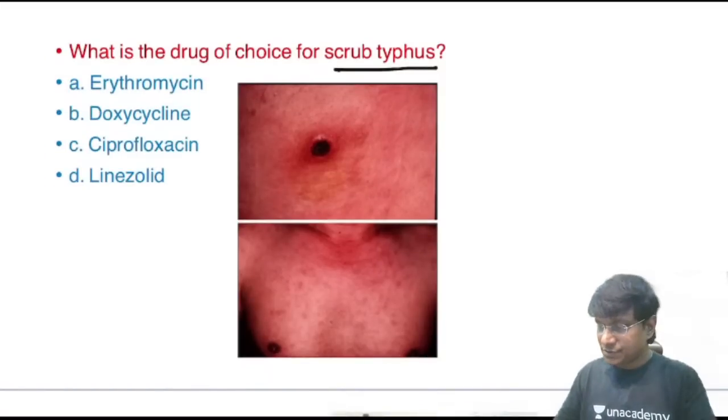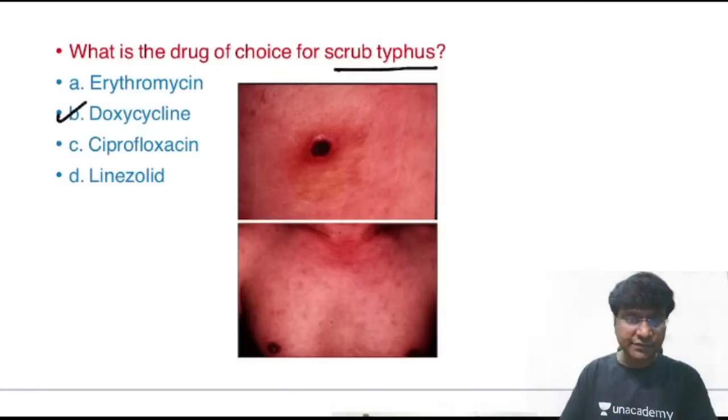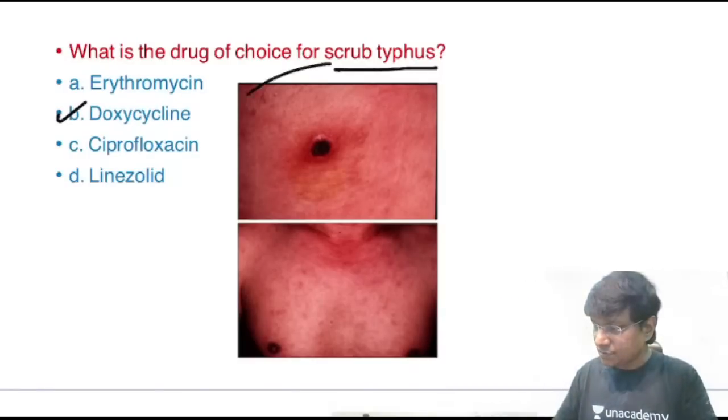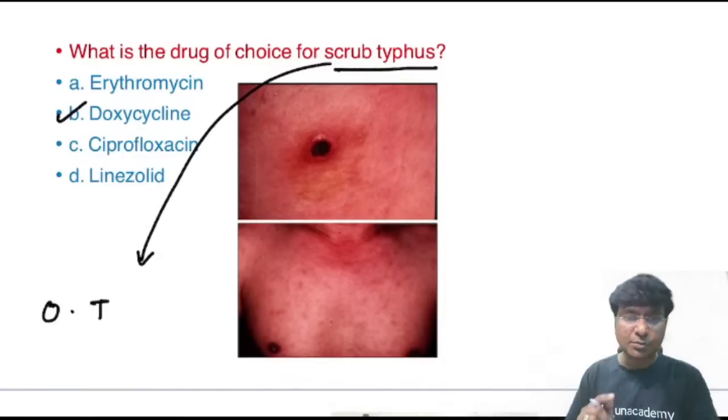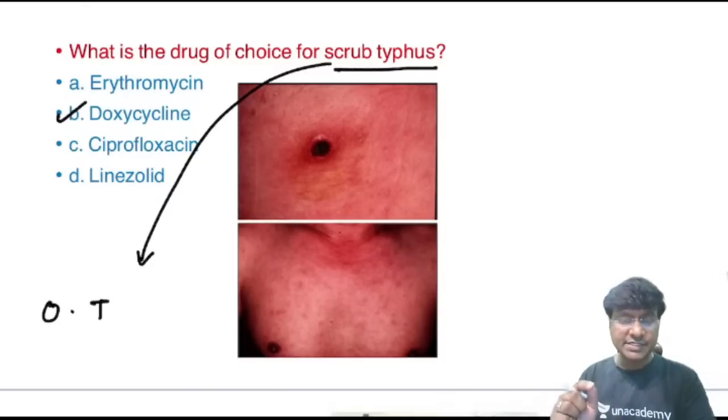Very good, Kavya. So the drug of choice for scrub typhus is doxycycline. Now, what are the important points related to scrub typhus? So first of all, you need to know what is the organism causing scrub typhus. The organism is Orientia tsutsugamushi, and this is a parasite of rodents, and it is transmitted by larval trombiculid mites.